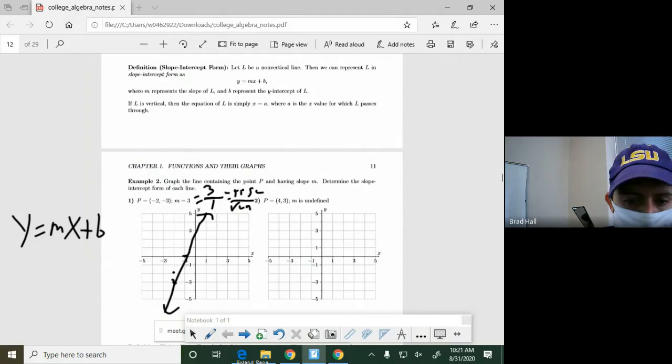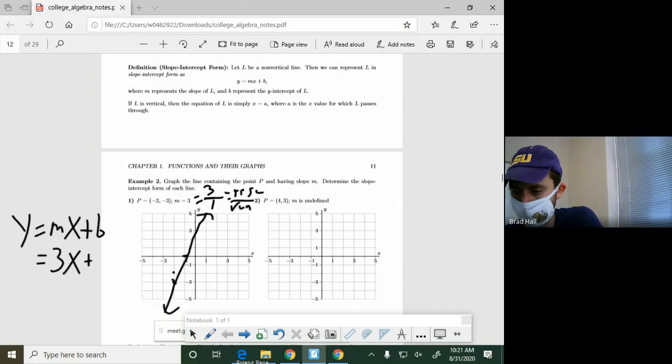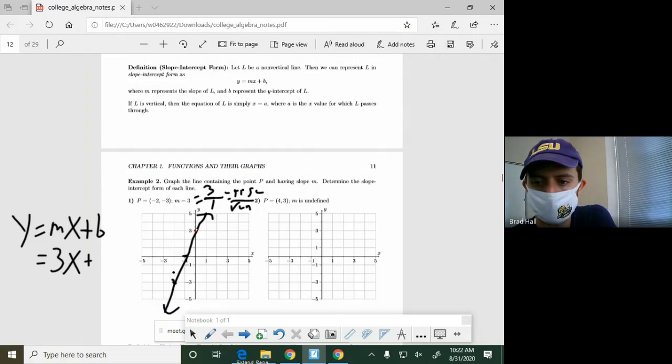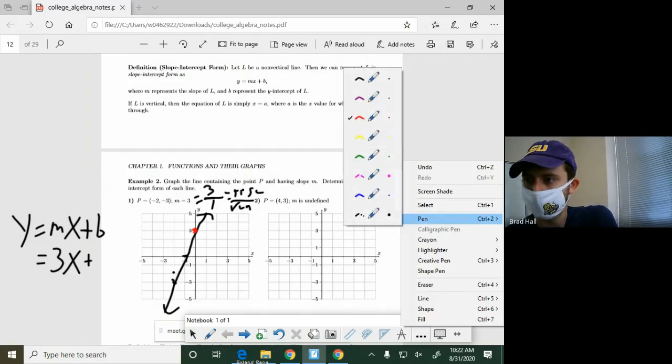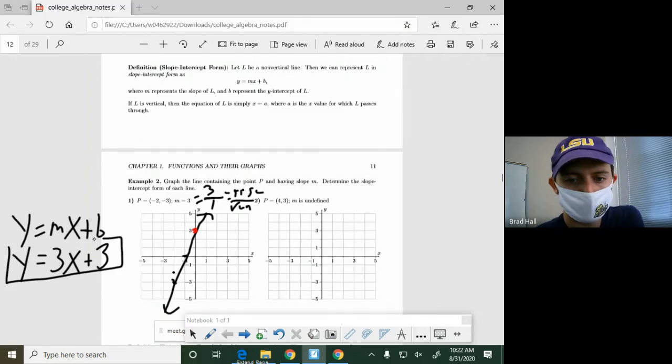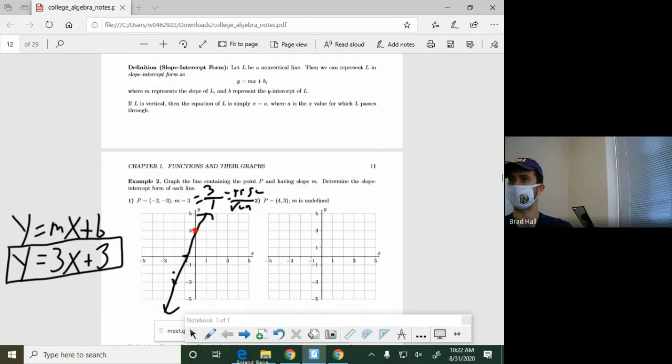The slope they gave us was 3. And the y-intercept, remember, we talked about this before. It's where the graph intersects the y-axis, which I just illustrated in red there. What's the y value? It's 3. And that would be the slope-intercept form of the line. That's it. So having a graph is pretty helpful. You just look at it.